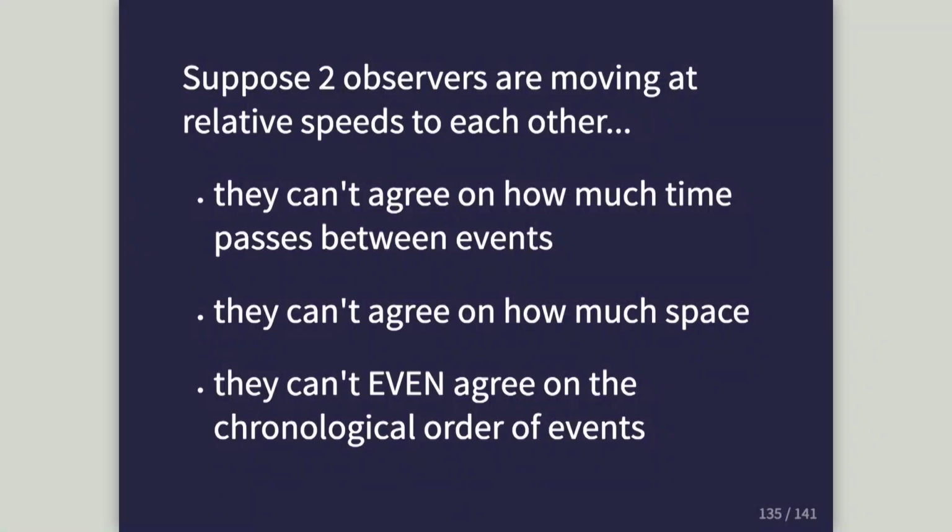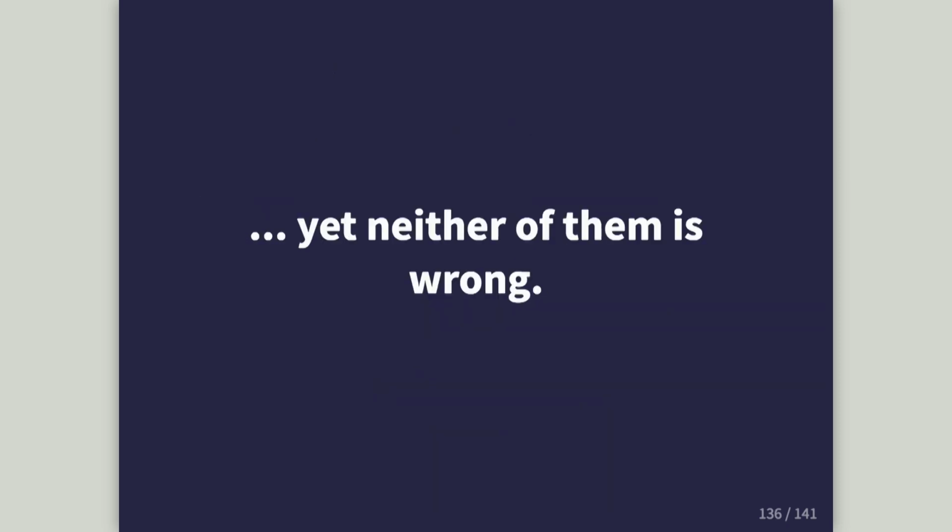It turns out that if you have two observers moving at relative speeds to each other, they can't agree on how much time passes, how much space was covered, and they even can't agree on the chronological order of events. None of those are certain in physics, all right? Yet neither of them are measuring wrong. They're exactly accurate.